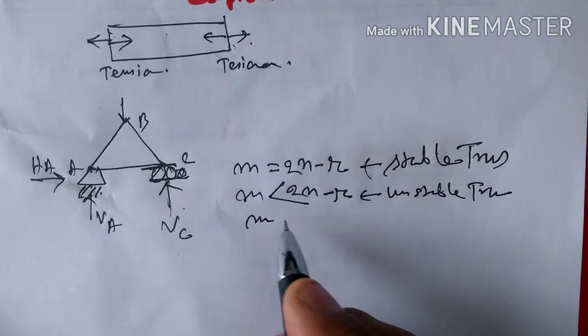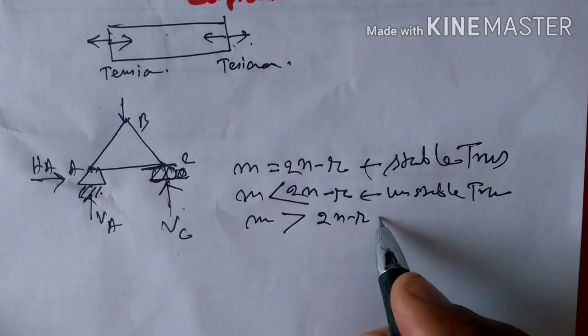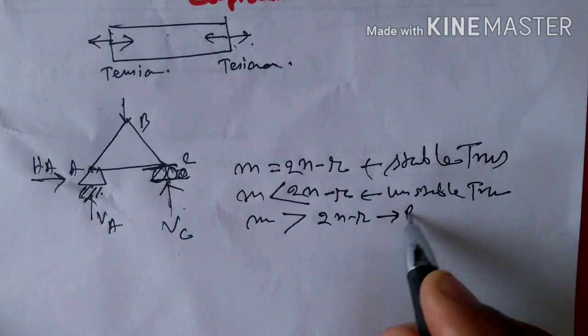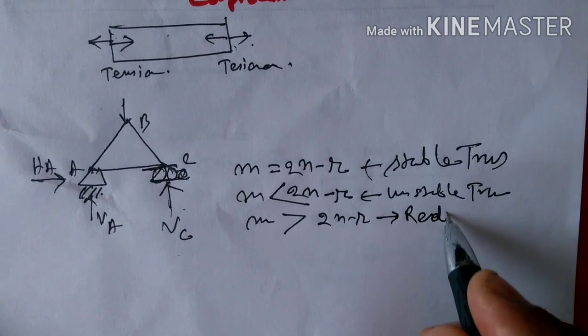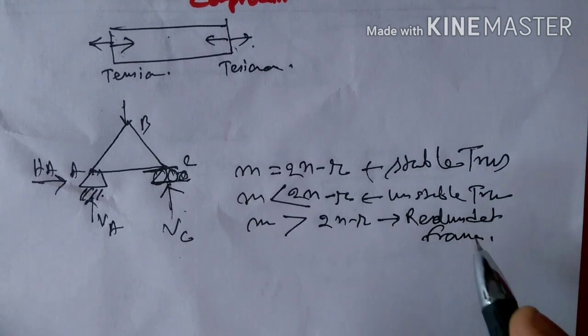If M is greater than 2N minus R, then it is a redundant frame, meaning a statically indeterminate frame.